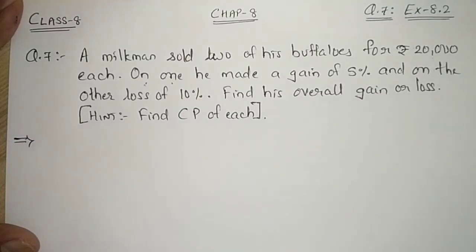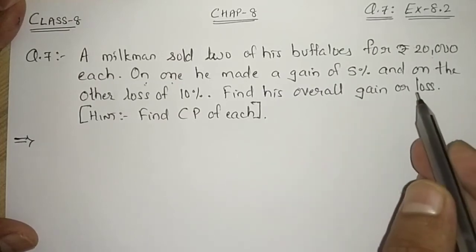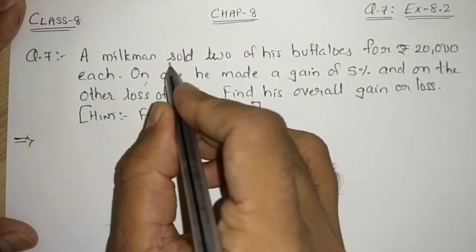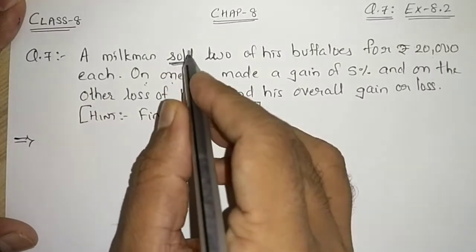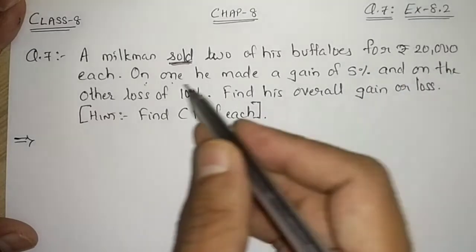We have to find the overall gain, whether it is overall profit or overall loss. Students, here they have told that the milkman has sold, that means the selling price of the 2 buffaloes is 20,000 each.